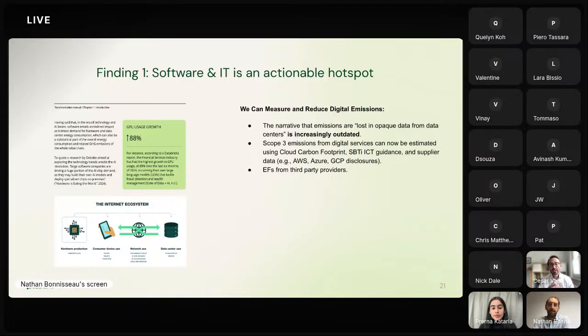The second point is that before, we could believe this was very opaque or ambiguous, and that the scarcity of data was very problematic, but in fact there are ways in which we can estimate the emissions and therefore decarbonize. For example, we can make use of scope 3 emissions from digital services, which can now be estimated using different available tools. We also have guidance and can gather supplier-specific information, for example from well-known providers like the ones mentioned here, and we now have access to specific emission factors from third-party providers, which give us much more clarity on how to calculate these emissions.